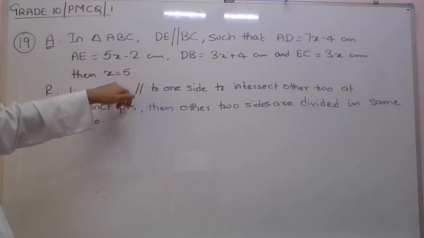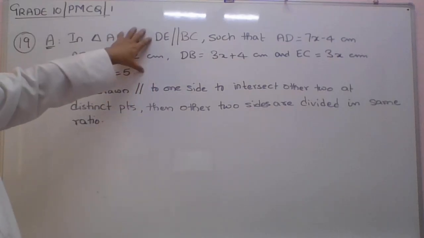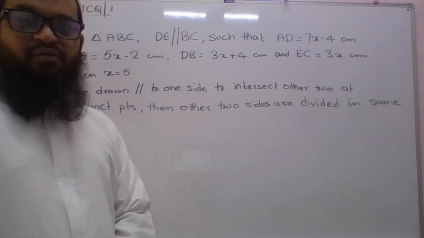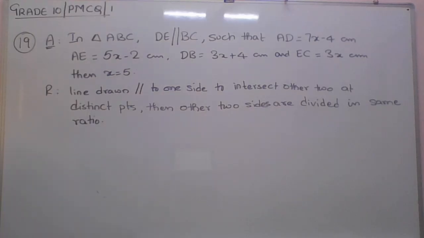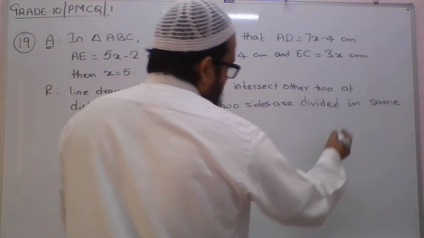I am supposed to find out what X is. So I don't know whether it is true or not. So now read the reasoning. A line drawn parallel to one side to intersect the other two at distinct points divides the two sides in the same ratio. What do you call this? It is the basic proportionality theorem. We have already studied it.